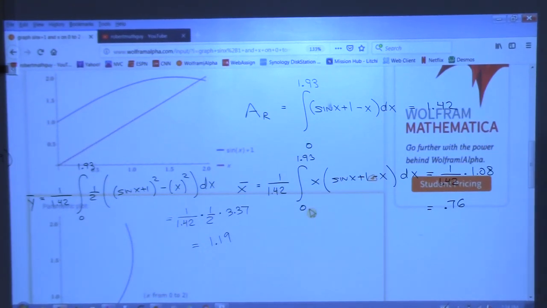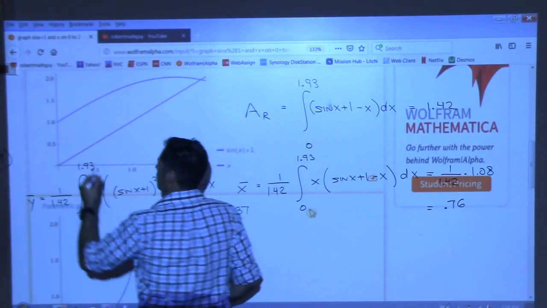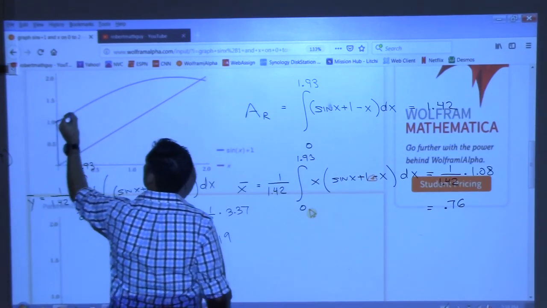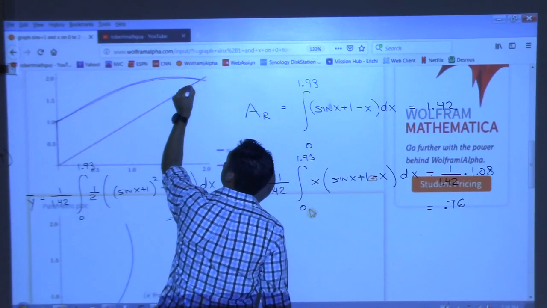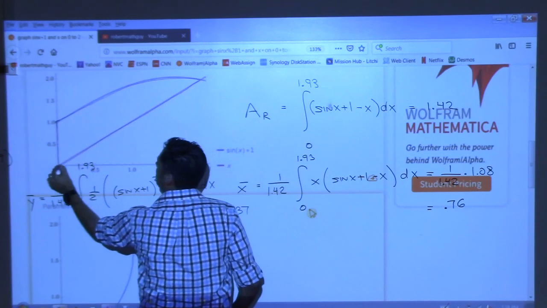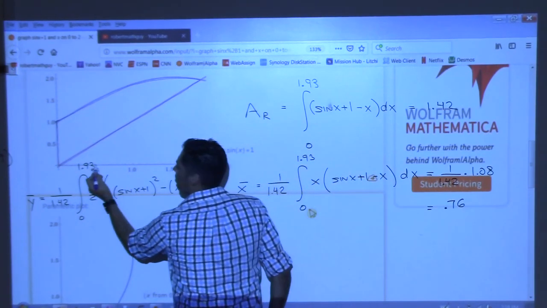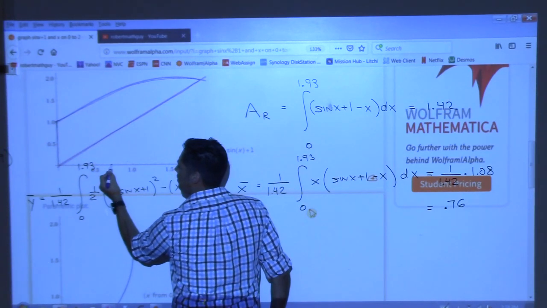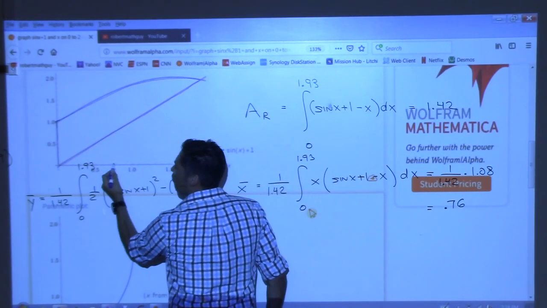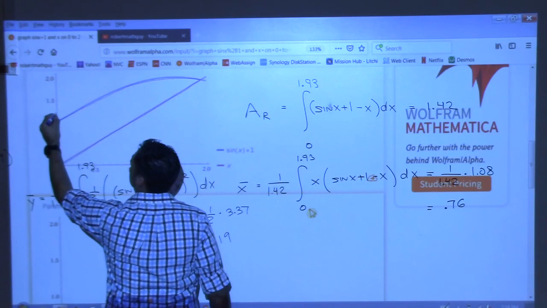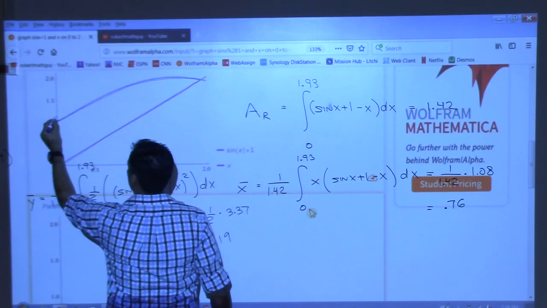All right, so for this region right here, assuming that it is a homogeneous lamina, the center of mass is 0.76. So here's 0.5, 0.6, 0.7, somewhere around there, and then 1.19, so somewhere around there.